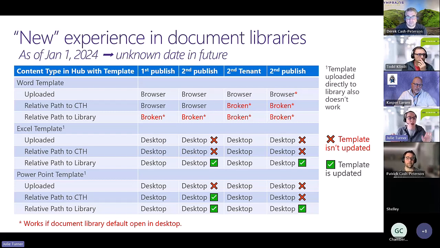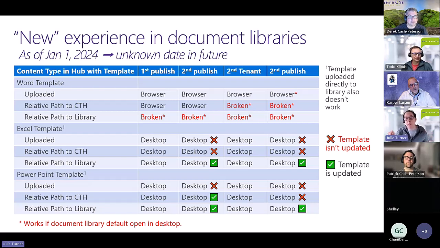So I've tested 2 different tenants that I have full control over. What I wanted to test was: if I have a content type in the content type hub and I associate a template with it, when I first publish it and consume it in a library in a site, what's the behavior?